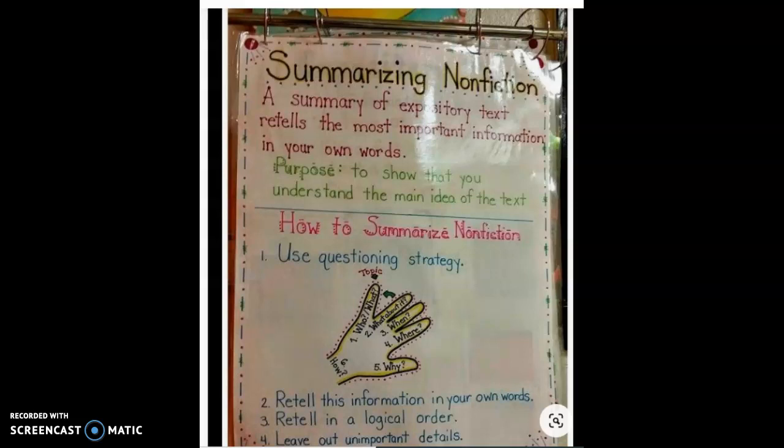So I like to say a summary is short, sweet, and to the point because it's only 3 to 5 sentences. You don't want a really long summary. You only want to include the main idea and 3 supporting details. So the purpose of a summary is to show that you understand the main idea of the text.